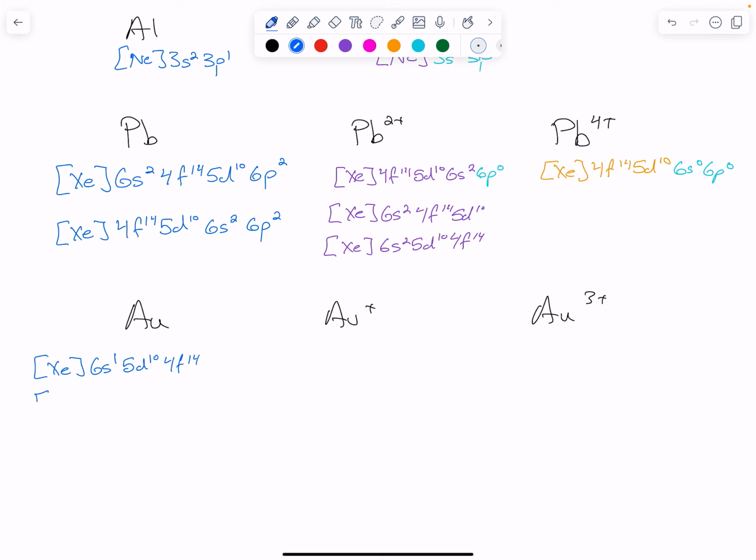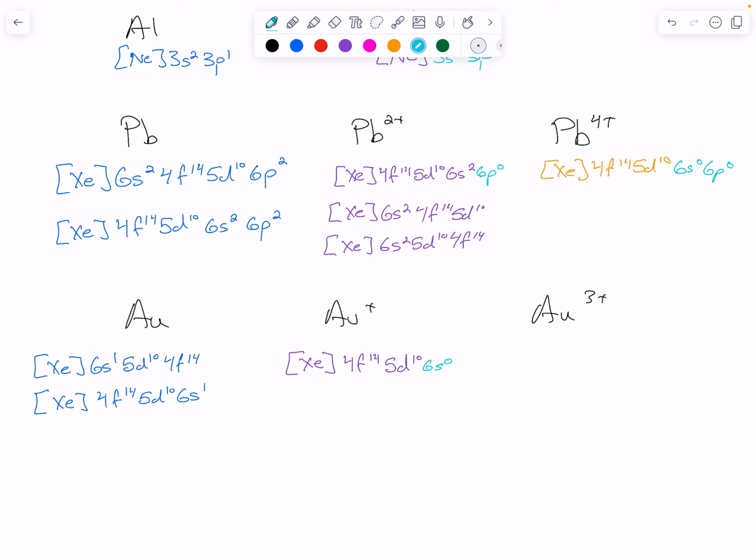In stripping order, xenon, 4f14, 5d10, 6s1. So gold plus would just be xenon, 4f14, 5d10, and then 6s0.